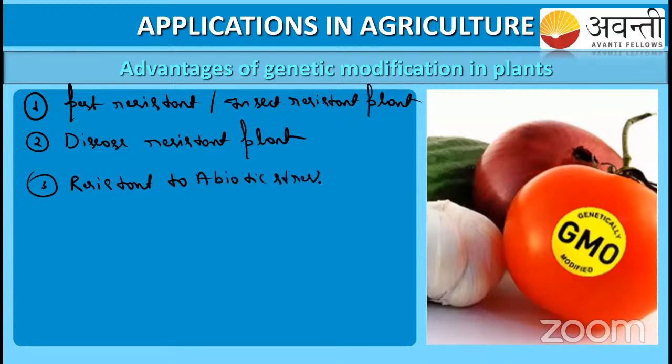What do we mean by abiotic? You can take temperature, cold, or water content. All these things are abiotic stress. Some plants require a particular amount of water to grow, otherwise they show disease conditions, or they grow correctly only at a particular temperature.